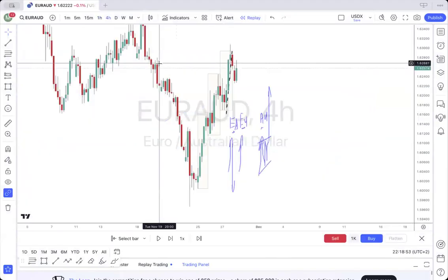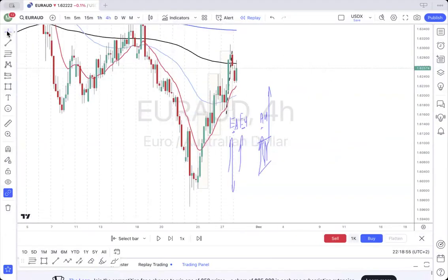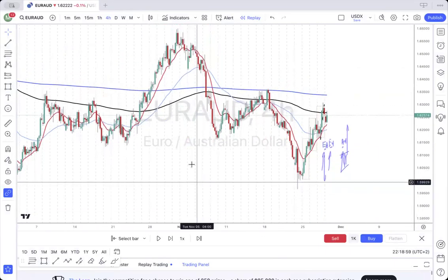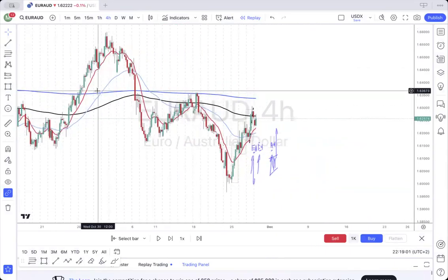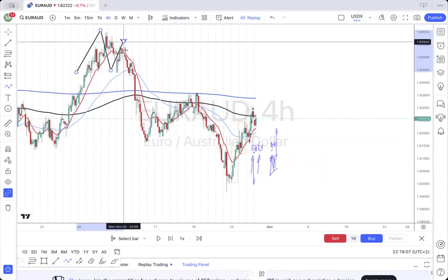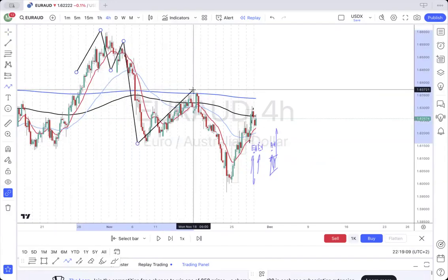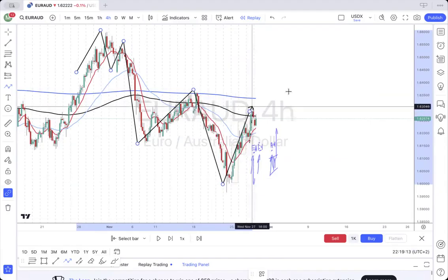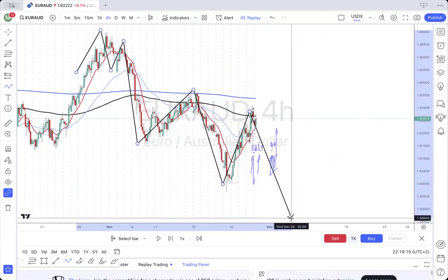Now I want to see Euro odd sell. If you look at the 4-hour time frame, then you will appreciate where this market is going, that it's formed a peak formation. All right, it's formed a peak formation and then moved a level 1, moved a second level, and there's a high chance we're going to move a third level.